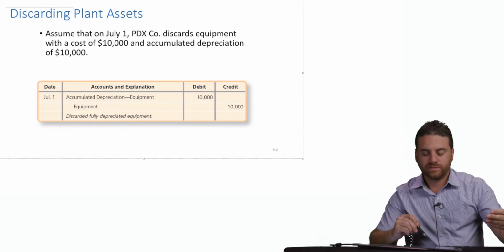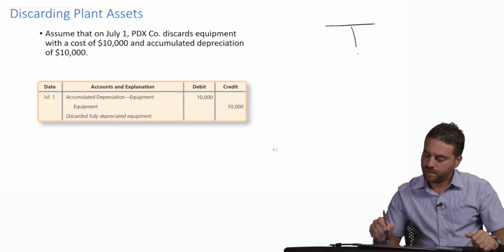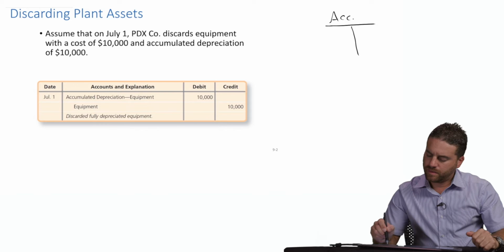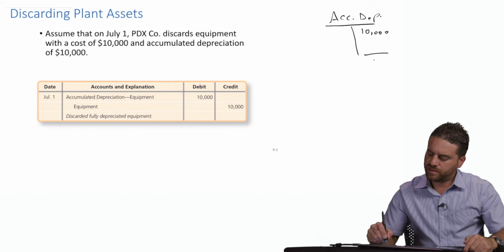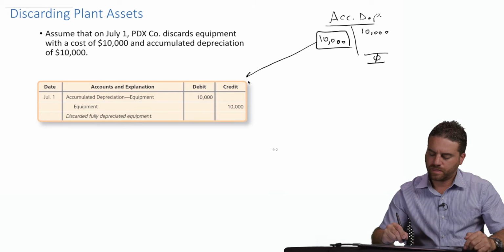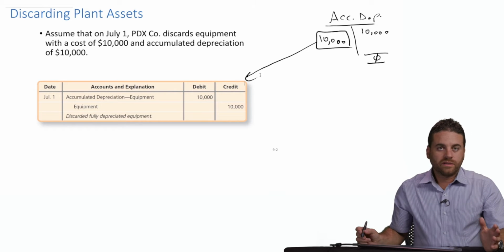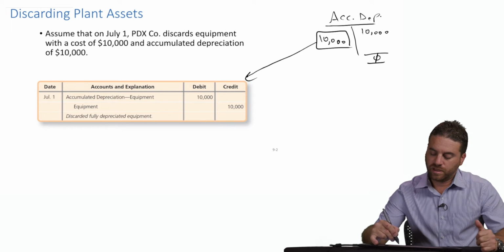That has to be debited so that we can eliminate it. So to get that down to 0, we are going to debit $10,000. All right, that was the first example. Again, there's no gain, no loss, no cash.